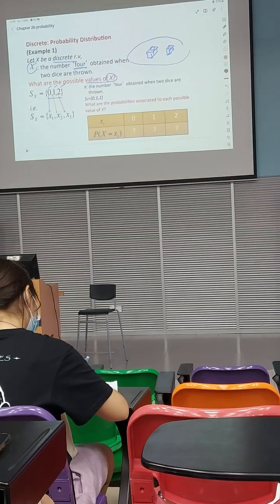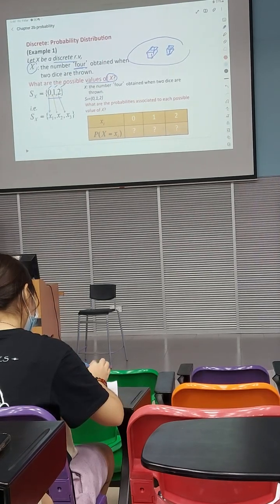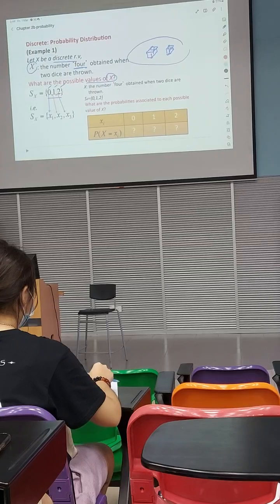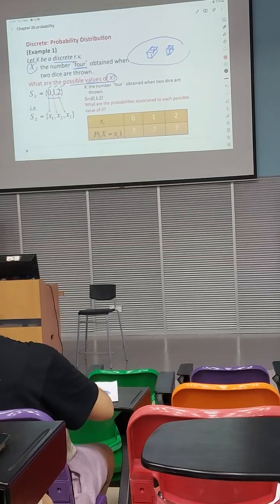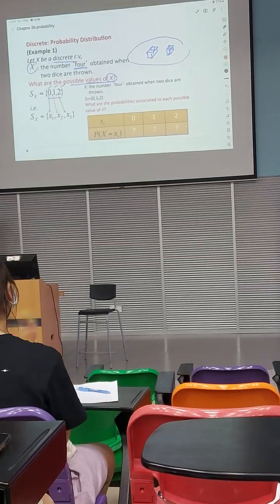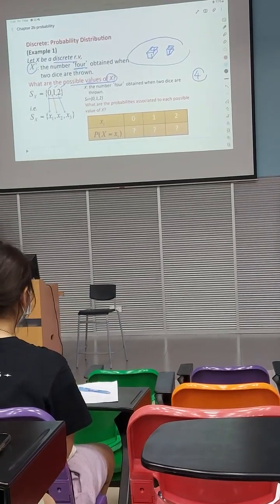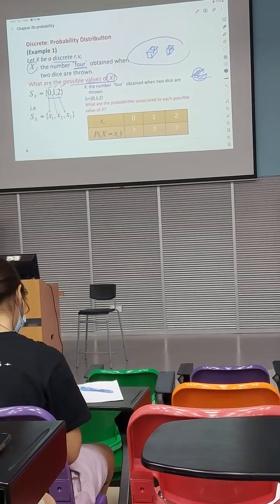How many times will number 4 appear in this case? So the only possible values for X are 0, 1, 2. Can it be 4? It cannot be. We only have 2 dice. So only 0, 1, 2.